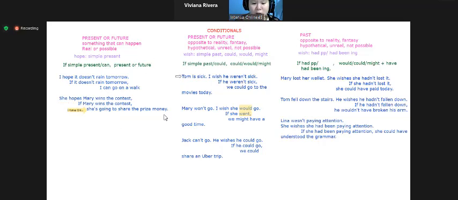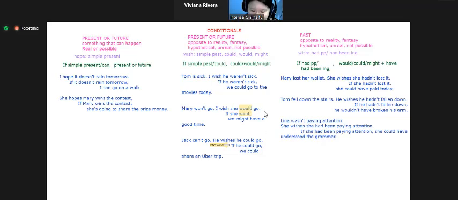He is sick. I wish he weren't. If he weren't sick, he could go to the movies today. I wish Mary would go tomorrow. If she went, we might have a good time. Jack can't go. He wishes he could go. If we could go, we could share an Uber trip.